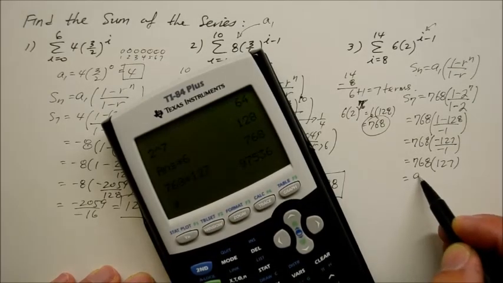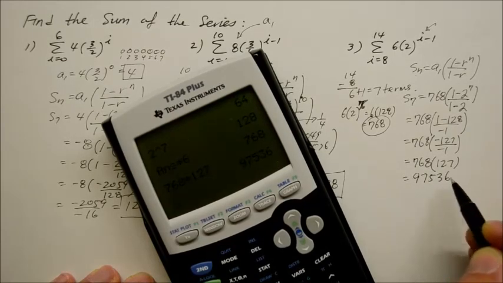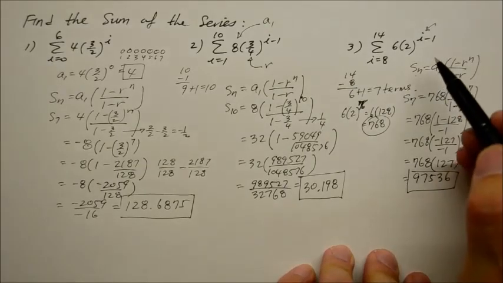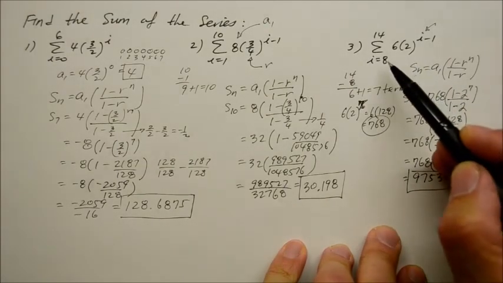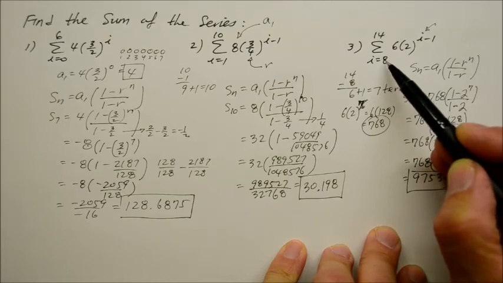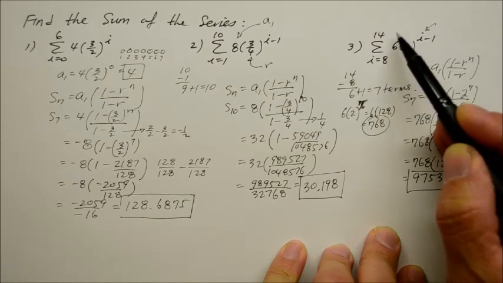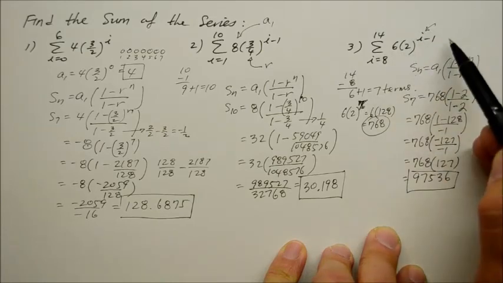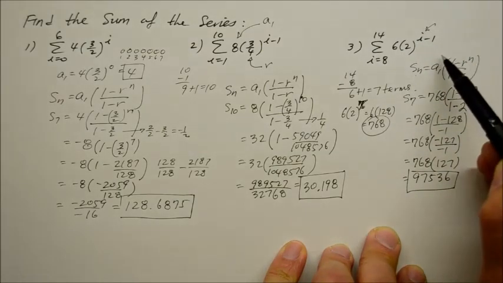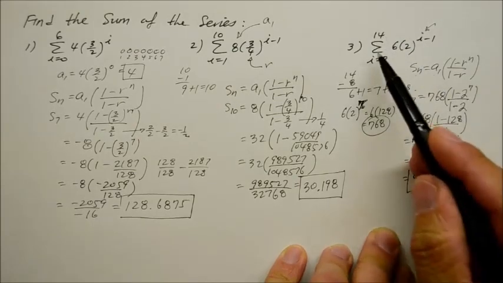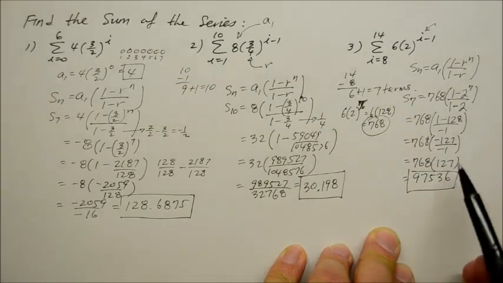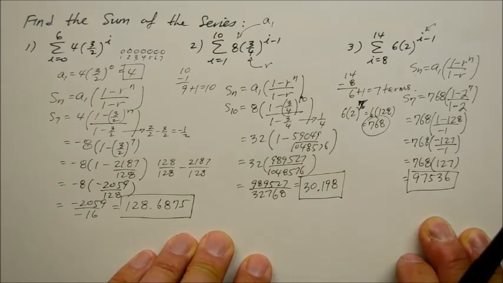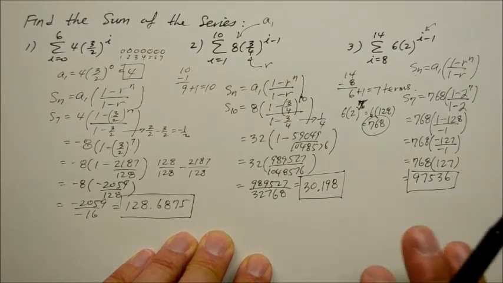So it turns out, if we start adding the series from the 8th position and substitute it into the i and evaluate into that general rule, and we take that and add it to the next of the series, all the way up to the 14th, just that portion, those 7 terms will add up to be 97,536. Something to think about, huh? All right. Good luck.